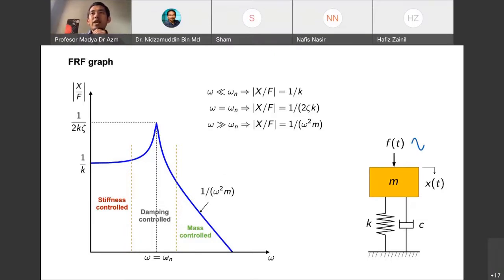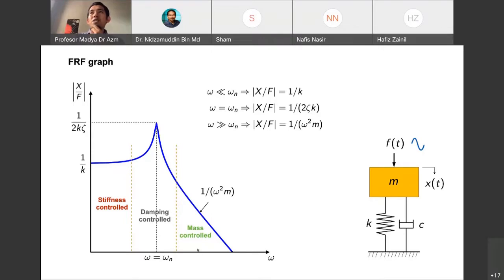So the speed of the machine can also coincide with the natural frequency. This is where the maximum vibration happens, something that we should avoid in engineering. We don't want the speed of the machine to be exactly the same as its natural frequency.